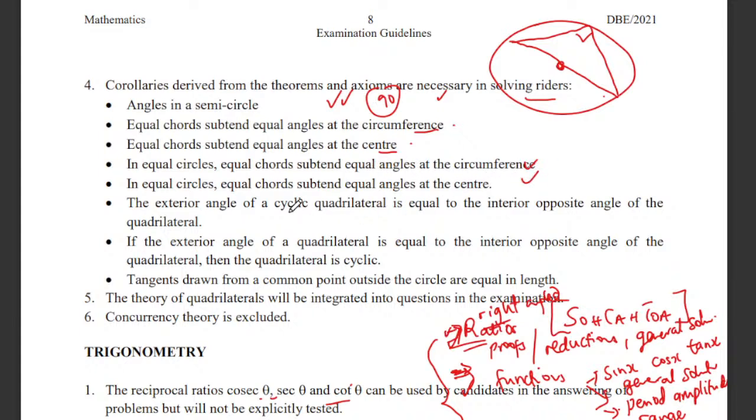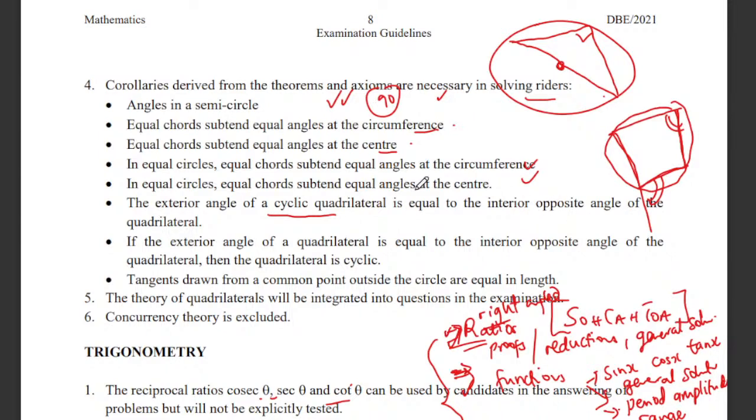Okay. Then we have the exterior angle of a cyclic quadrilateral. Now remember, for a cyclic quadrilateral to have an exterior angle, there has to be an extension of one side. Okay, so we're saying this angle here must be the same as that angle.